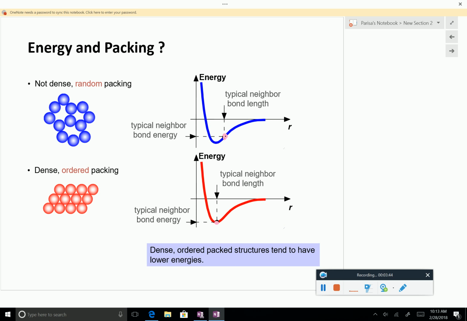When a material is very densely and closely packed, the energy will be minimum. It will be very stable. So ordered and packed atomic structures tend to have lower energy. They're more stable. Now we want to learn more about this packing, what these atomic structures are.